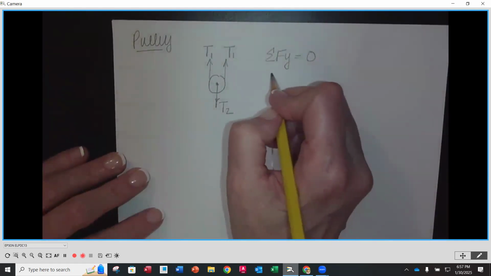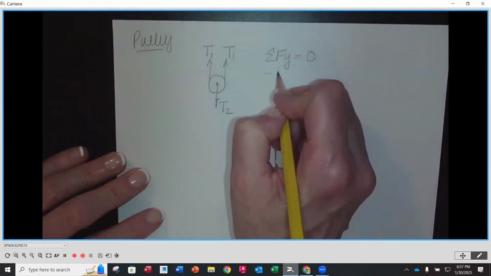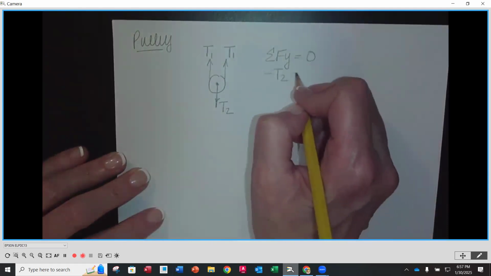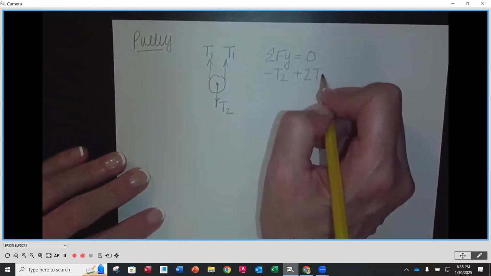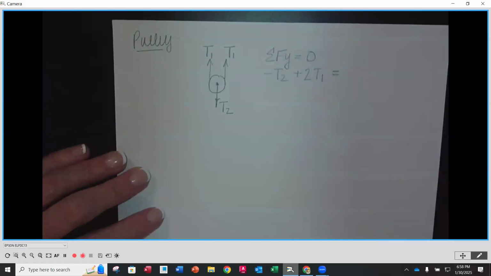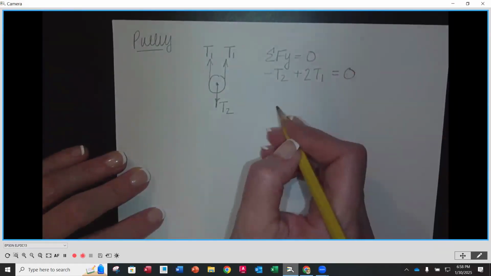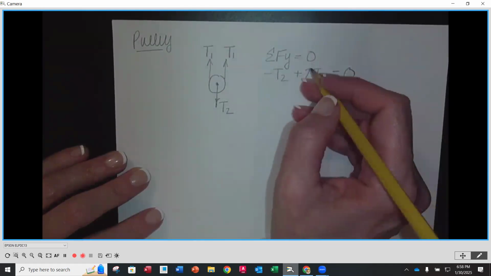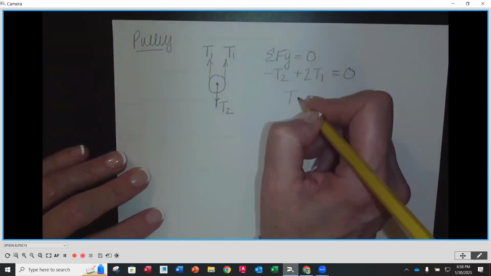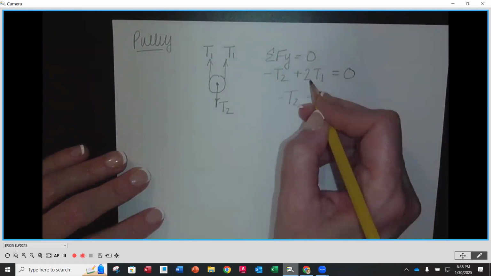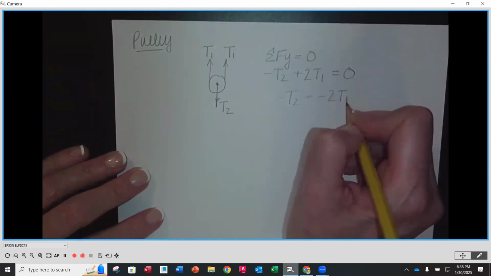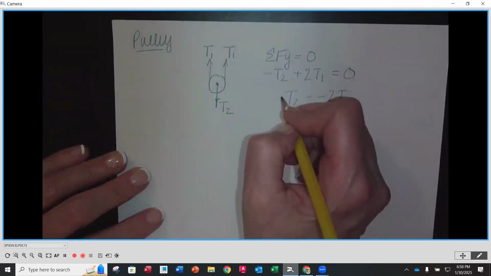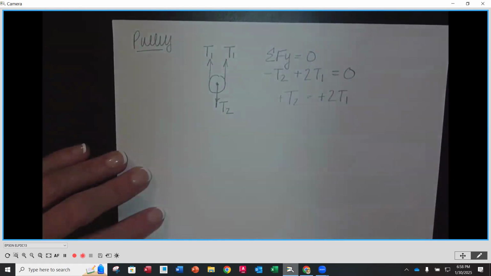Here we have a negative T2 and a positive 2T1, equal to 0. If we move to the other side, I like keeping the single variable on the left, so a negative T2 is equal to a negative 2T1. Both become positive.